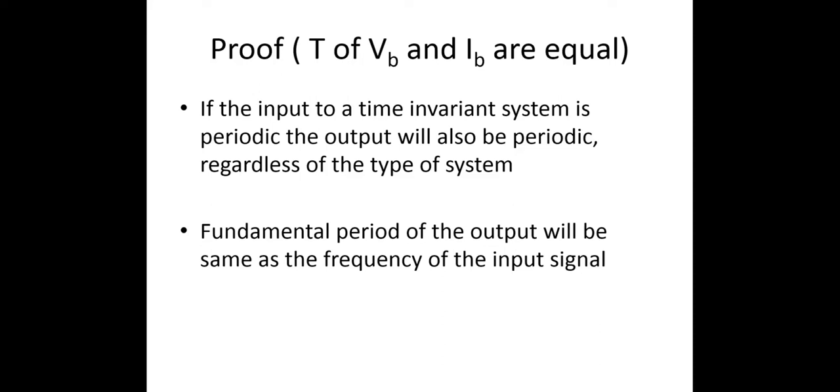So if we can approximate our circuit as a time invariant system, then for any periodic input we will have a periodic output with the same frequency as that of the input signal. And the consequence of this is that the IB will have the same frequency as VI.